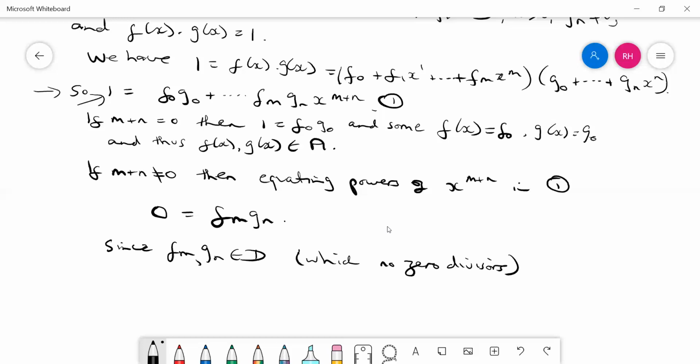It means that fm is equal to 0 or gn is equal to 0. If we go back to this line here, we're saying there are two things that we multiply to get 0. We know in an integral domain you can't have two non-zero elements, so either fm is equal to 0 or gn is equal to 0.